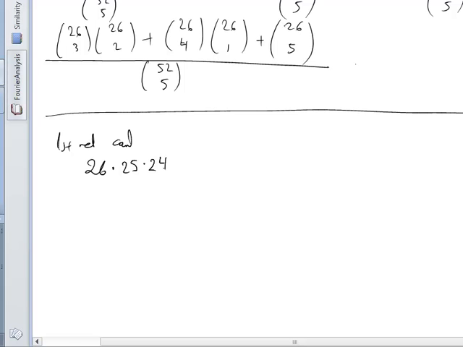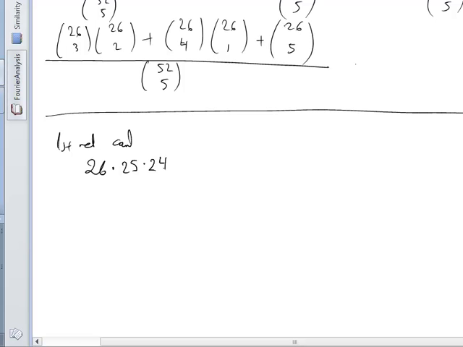But when you hold them in your hands, you don't care about the arrangement. You care about what you hold. The result, 26 times 25 times 24, is an ordered selection. So that's the number of ordered selections, the number of permutations of 3 cards out of the 26. Now how do you go from the order into the non-order?